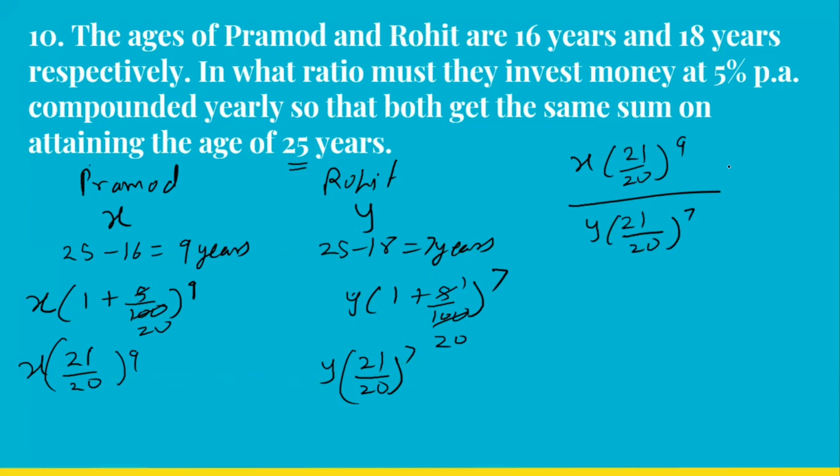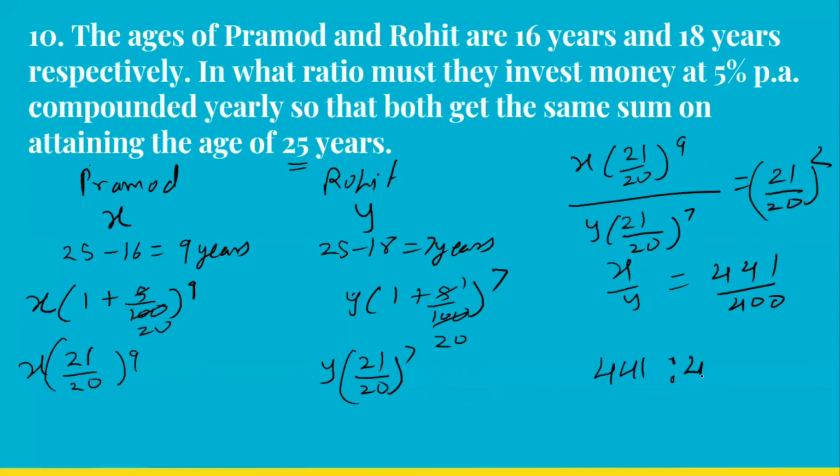So when we find this ratio, X is to Y is going to be 21 upon 20 raised to 9 minus 7, which is 2. So X is to Y, the ratio is going to be 21 square, which is 441 upon 400. So Pramod and Rohit invest the money in the ratio 441 is to 400. Got it?